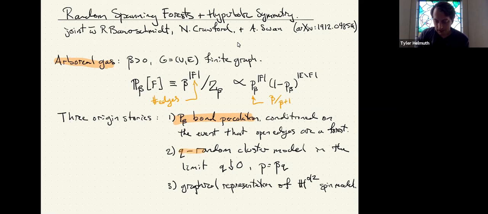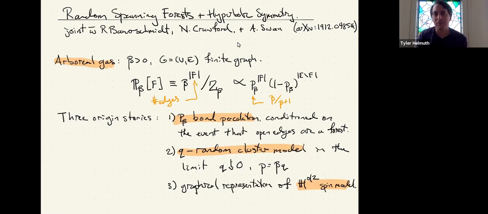Another way it shows up, and this is sort of better known in the literature, is that if you take the random cluster model, so meaning percolation weighted by Q to the number of clusters, and take Q to 0, so take the random cluster weight to 0 with the edge probability being proportional to Q, then you also get the arboreal gas. So this is another origin story. And the last one is one that is almost certainly new to you.